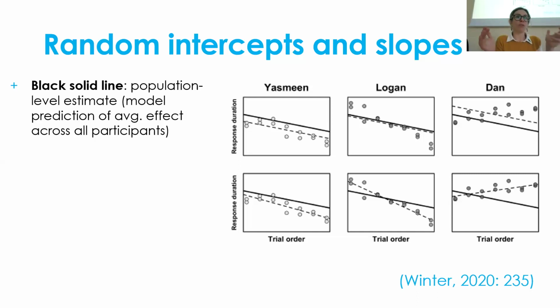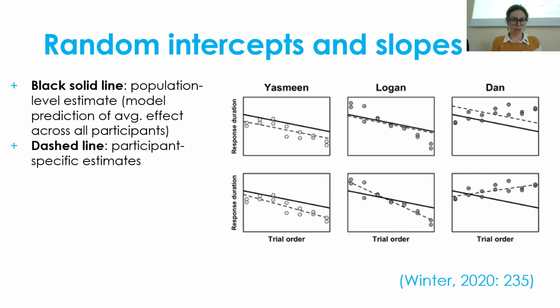What these models try to do is to fit a line that goes through your data, the line of best fit, to best approximate where the data is. So this black line is the approximation given all of the participants, where the model thinks that the overall mean is.